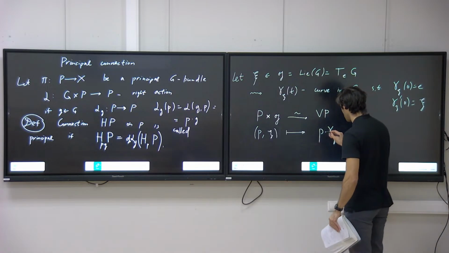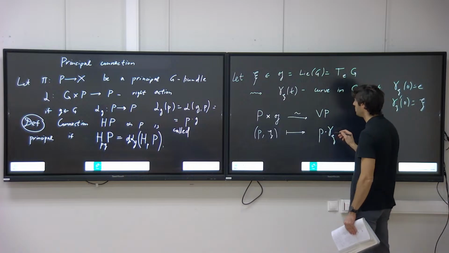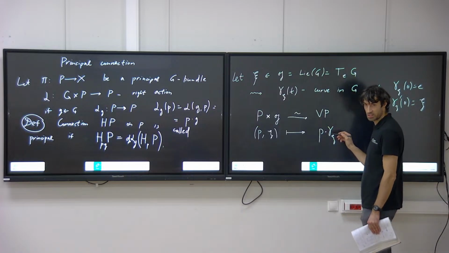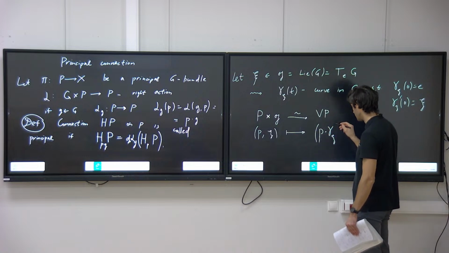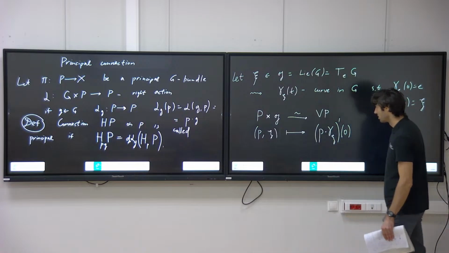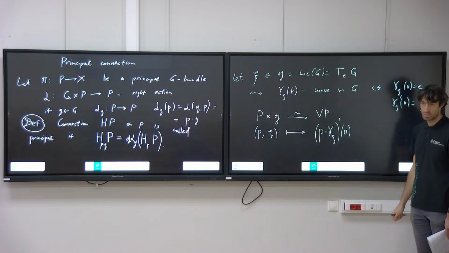That's what I'm doing. So this thing is a curve in P capital, so I can consider its tangent vector at 0. And I'm saying that's what this is.